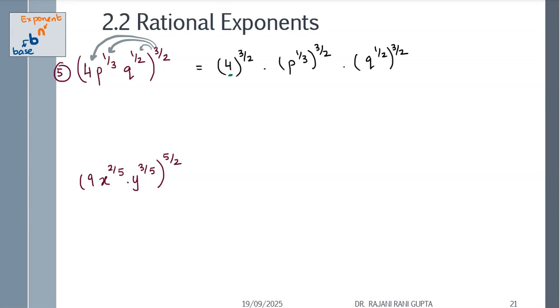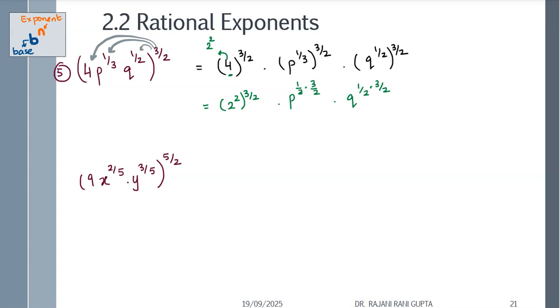So yes, we know that we can write 4 as 2 power 2. Okay. So writing this we get 2 power 2, its whole power 3 over 2. Here simplifying this term, p power 1 over 3 times 3 over 2 and q power 1 over 2 times 3 over 2.